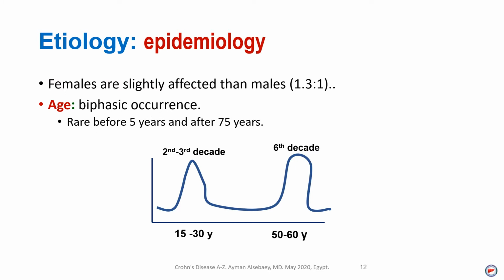It is slightly more common in females than males. If we look at the age, you will find that there are two peaks for the occurrence of Crohn's disease. The first peak is when the age is between 15 and 30, okay? And the second peak, although it is rare, is between the ages of 50 and 60 years old, okay?